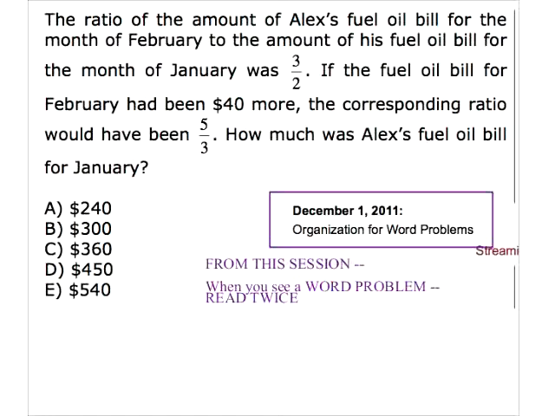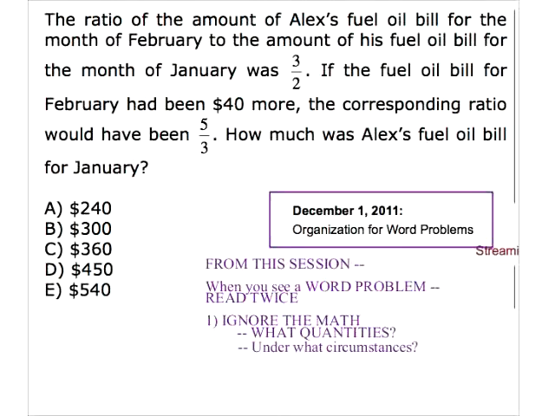The first time you should ignore the math and just find out what quantities are in the problem. Under what circumstances? In other words, do they change at all? Are there any befores and afters? Are there multiple people or time frames or whatever?